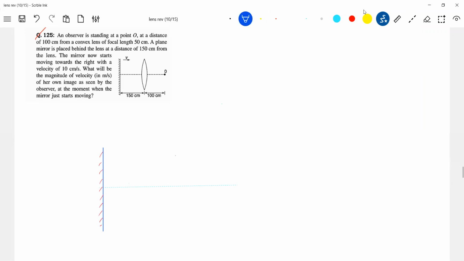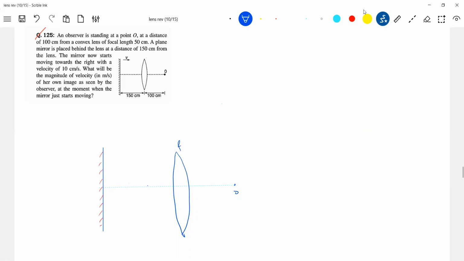This is a lens. This is an object, 100 centimeter away. Where will the image I1 be? Let's trace things one by one. The focal length is 50 centimeter. It is at 2F, so the image will be at 100 centimeter.